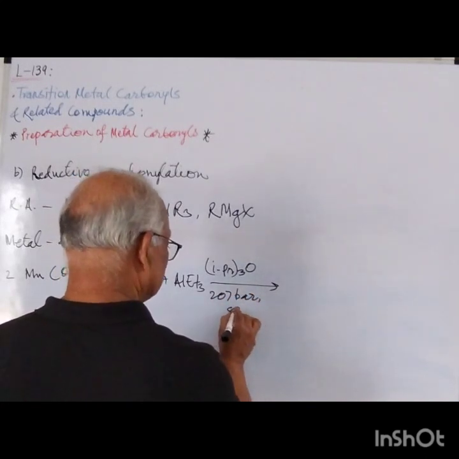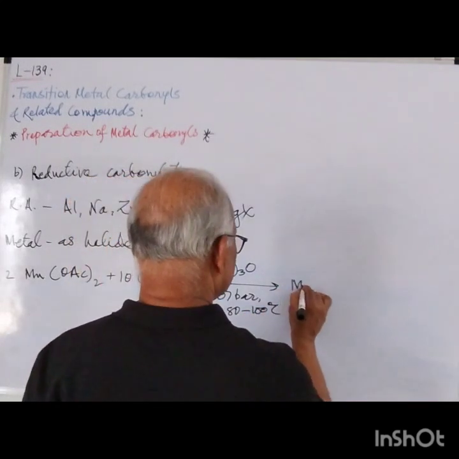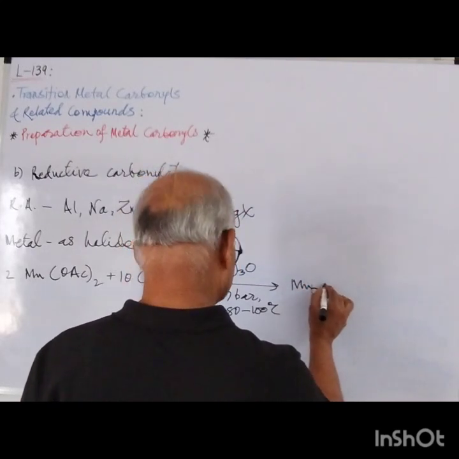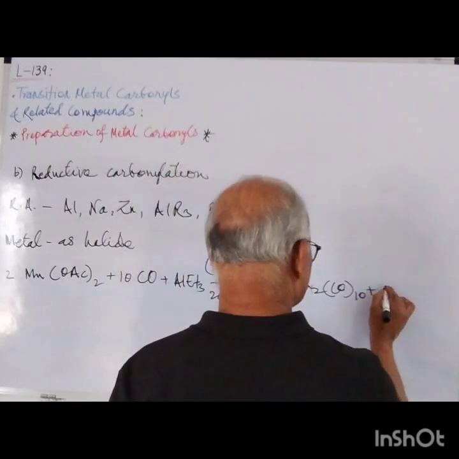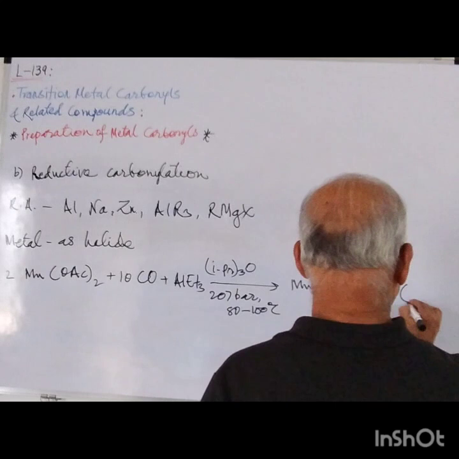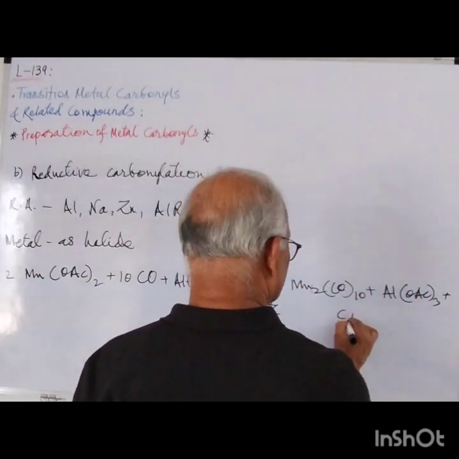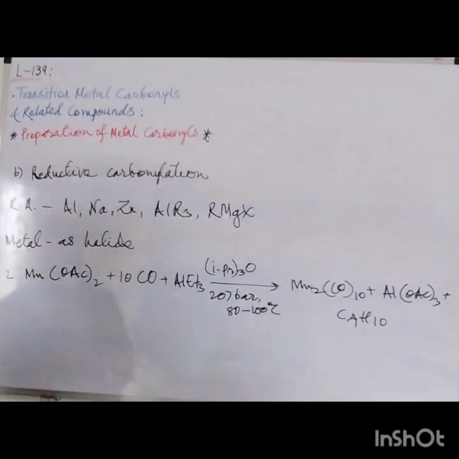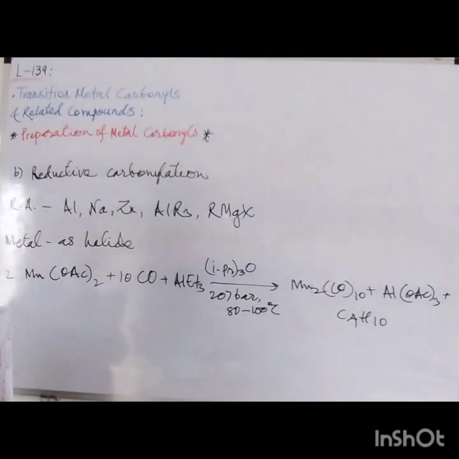Temperature is 80 to 200 degrees centigrade, and the product is Mn2CO10 plus AlOAc3 plus C4H10. So in this way we get the dinuclear metal carbonyl of Mn.